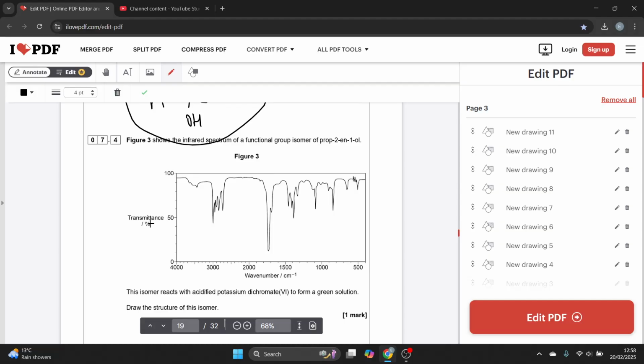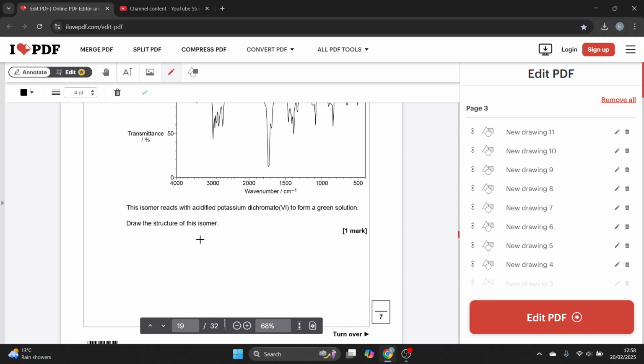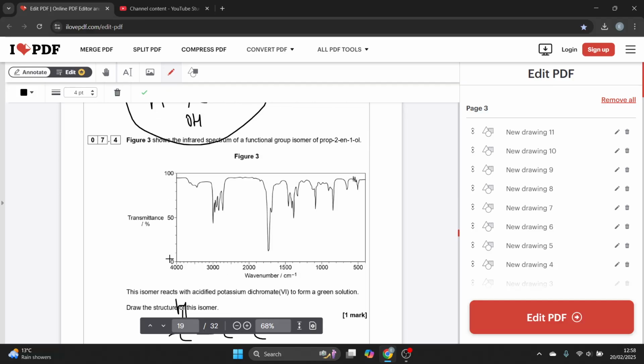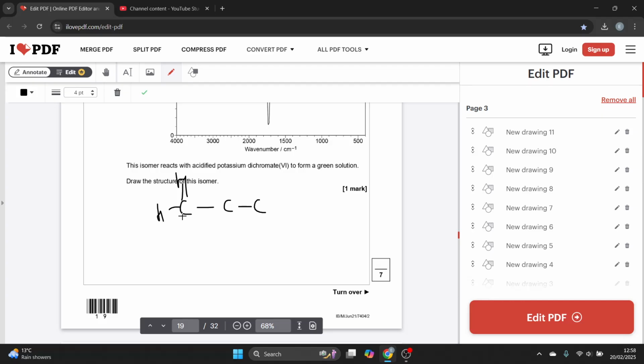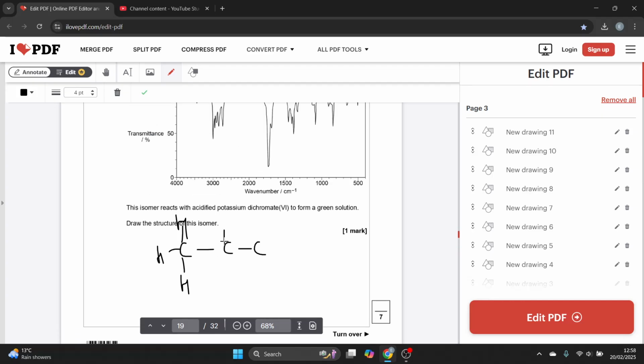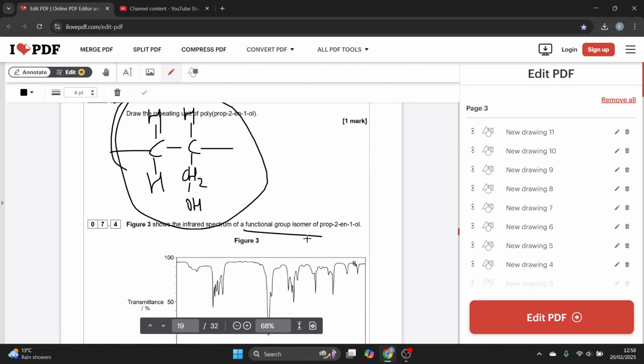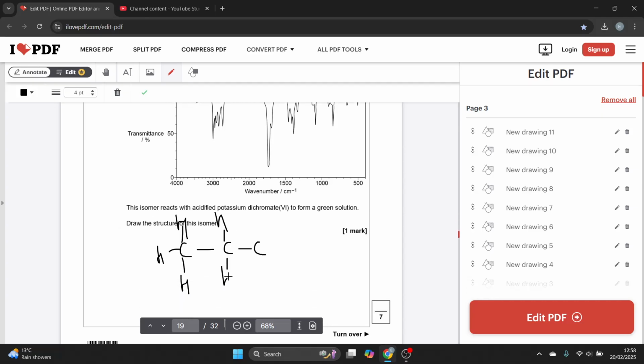Isomer X reacts with potassium dichromate to form a green solution. So we've got this, obviously, prop. Well, because it's a functional group isomer, and you can see the carbonyl functional group, therefore it's going to be like that.